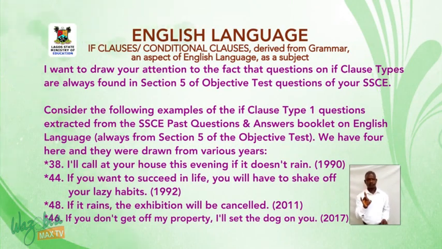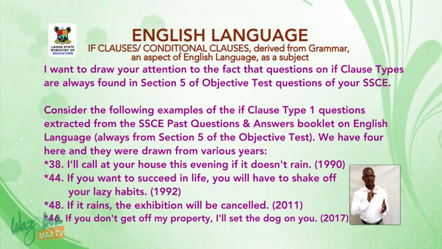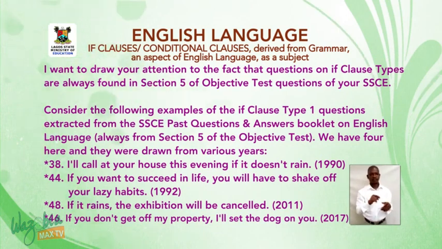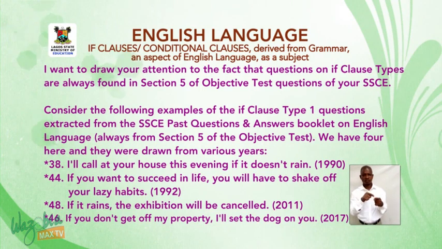Question number 38 of section 5 of 1990, under the objective test, has this: I'll call at your house this evening if it doesn't rain. Then question number 44 from 1992 says, if you want to succeed in life, you will have to shake off your lazy habits.